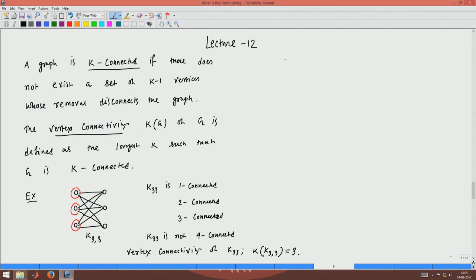There is another parallel definition. First, we give the definition of a vertex cut.